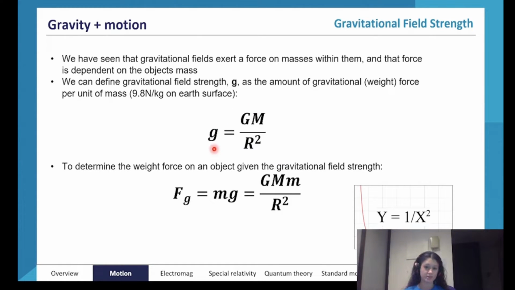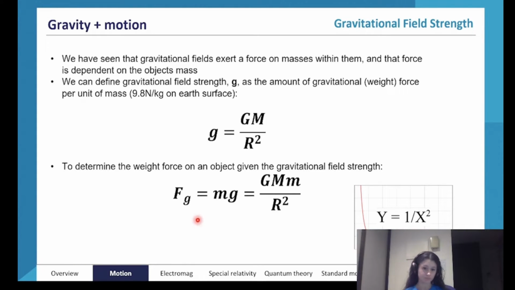This is the formula that you will need to use to determine the gravitational field strength. And the force on an object, given the gravitational field strength, is going to therefore be equal to G multiplied by the two masses divided by r squared.